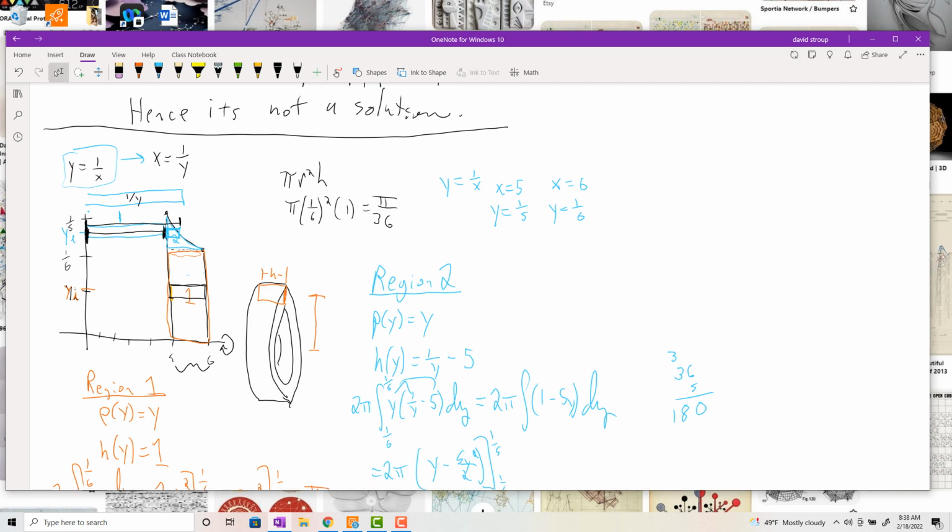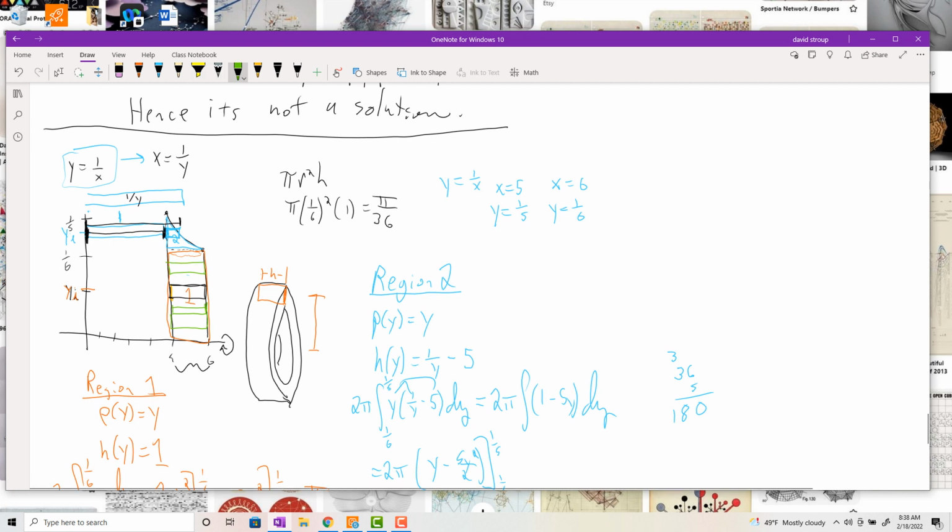It's basically just cutting this into 2 regions, handling each region separately because the height function in the first region is a constant of 1. So no matter where you put the rectangle in that first region, its height, which is the distance from here to here, is constant. It's always 1.